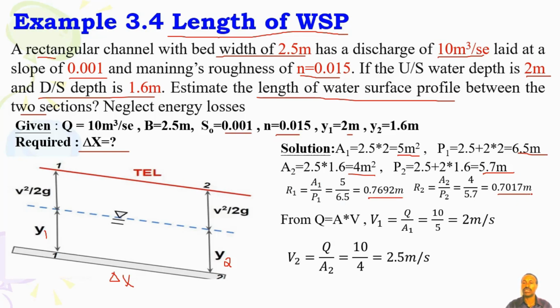Then from Q equals area times velocity, you can find V1, the flow velocity through cross section 1, and V2 through cross section 2, clear. V1 is 2 meters per second, V2 is 2.5 meters per second.